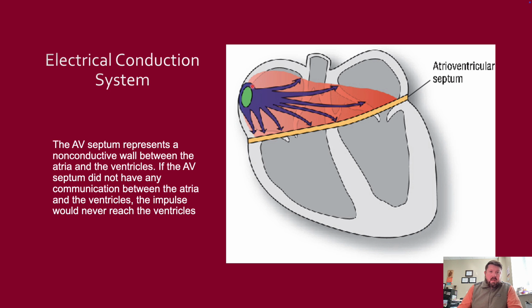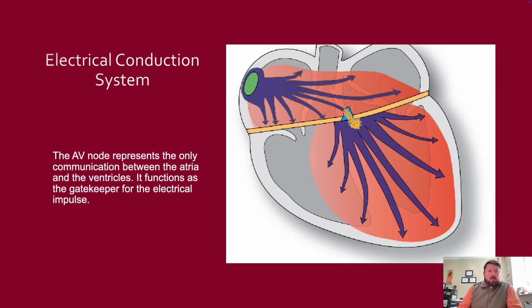So essentially, it takes all the conduction that starts at the SA node and goes out across the atria and then wrangles it back so it will only go through the AV node here. The AV node only represents communication between the atria and the ventricles. Its function as the gatekeeper for the electrical impulse is very important.